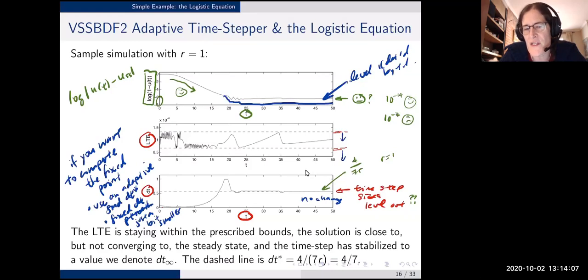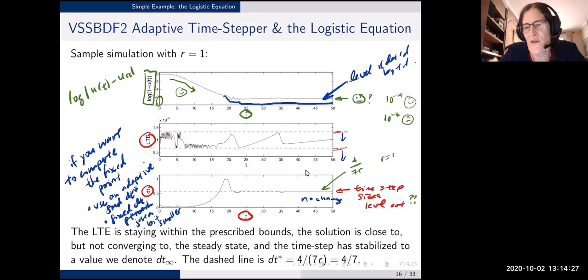So when you use a fixed time step, there's always this ambiguity of how small is small enough. An adaptive time stepper achieves whatever your desired accuracy is, except that in certain situations, it's not going to find the fixed point.